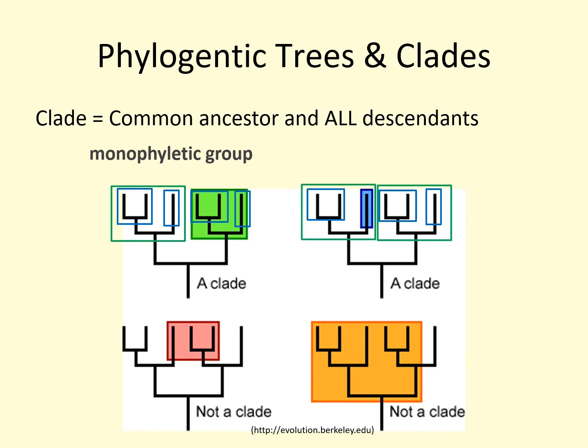Now, I can make this nested. You notice there was already that green box I was circling around, so I just put another green box around each one of these. This makes it a nested set, and each one of those green boxes is a monophyletic group because you have a common ancestor and all of their descendants.